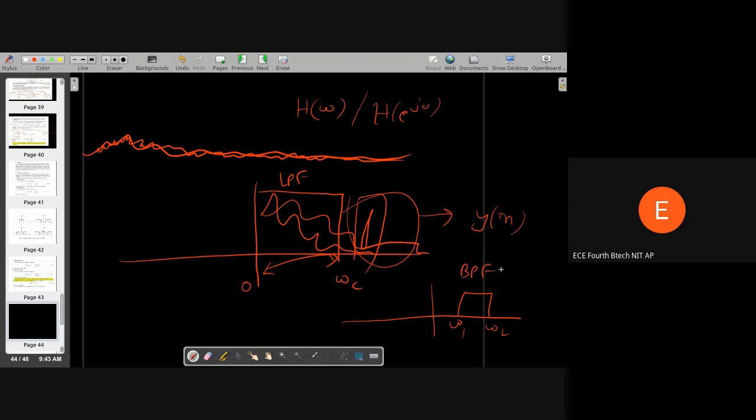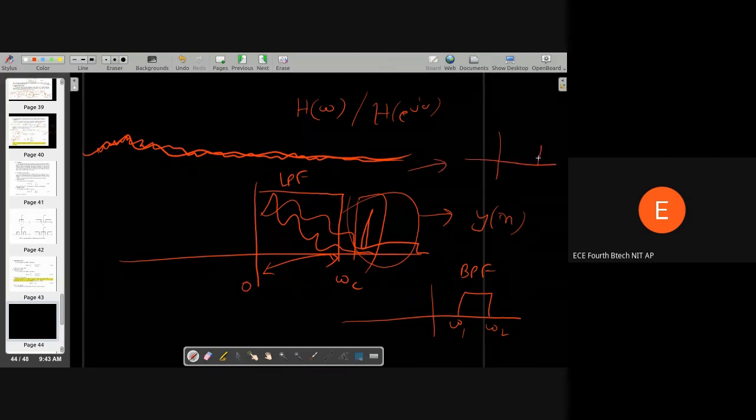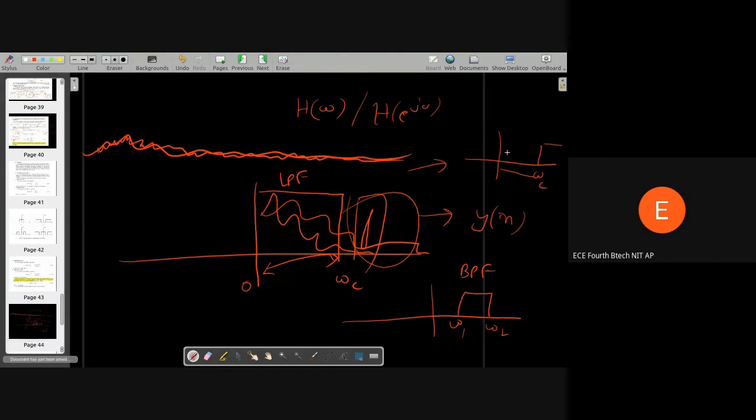Again, in the same way, just like a low pass filter, if for some reason you don't want the information in the low frequency, whatever be the reason, then 0 to omega c will have nothing. In the output, you will have only high frequency.